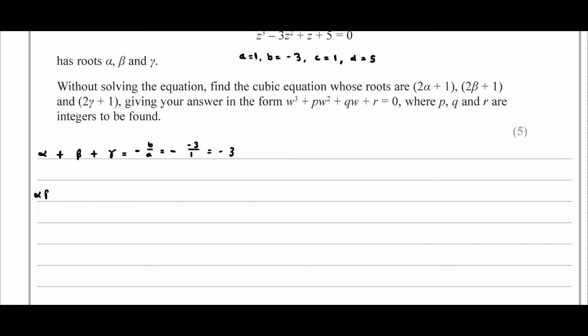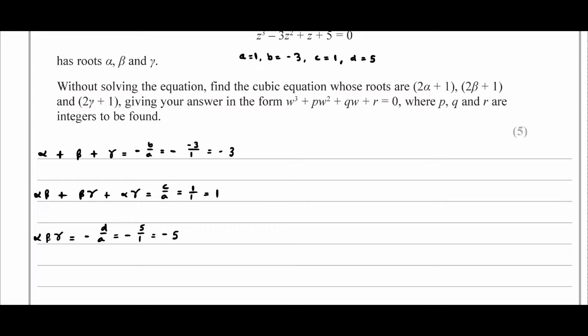We have alpha beta plus beta gamma plus alpha gamma. This is equal to c over a. So we have c, which is 1, over a, which is 1. The pair sum is 1. We can find the product, alpha beta gamma. That will equal minus d over a. So we have minus 5 over 1, which is minus 5.